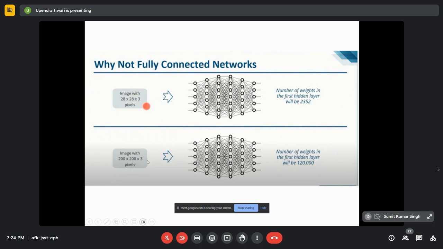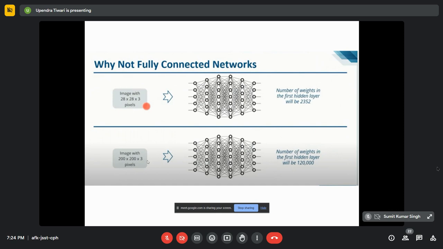And suppose your data consists of multiple images, say 10. That means 10 times you have to update the 1,20,000 weights in the first hidden layer. And you may have multiple hidden layers in your neural network architecture. So you can imagine how much time it is going to take just to update your first hidden layer and the multiple hidden layers.